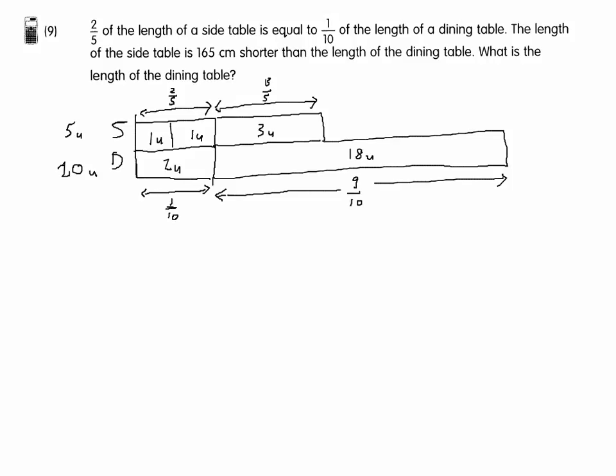Dylan Poe. How do you get 15? So it's 15 units. The difference in units is 15 between the side and the dining table, yes?